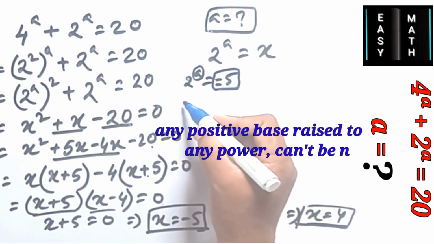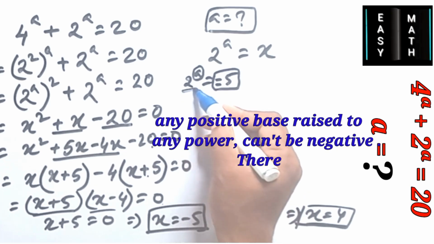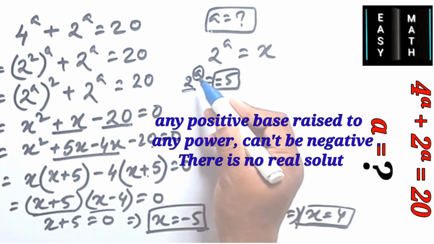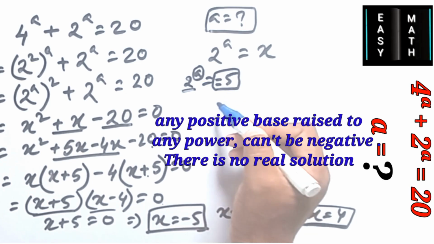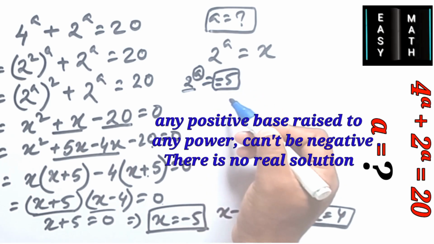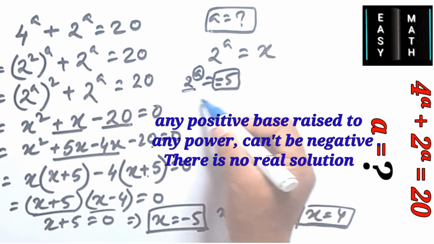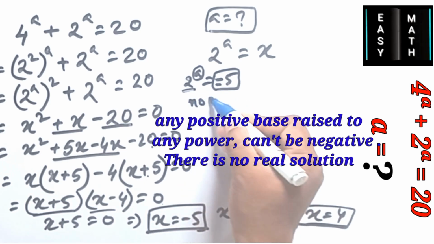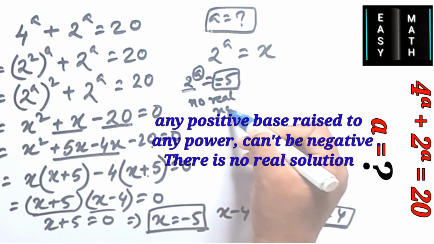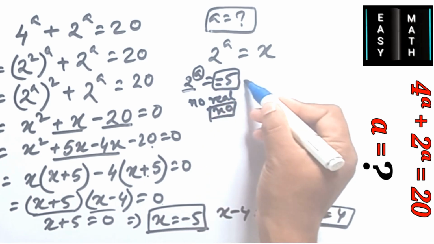So you can write positive is the base, so any power of a positive number cannot be negative, and there is no real number, so this is canceled.